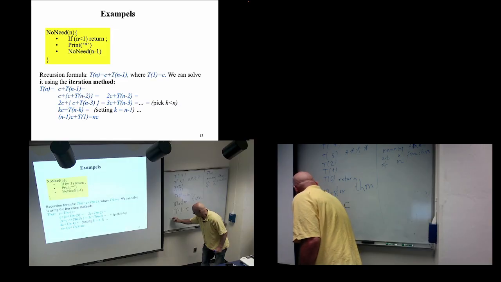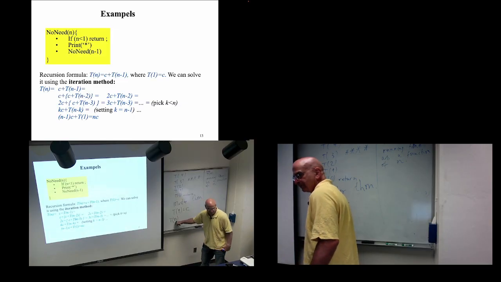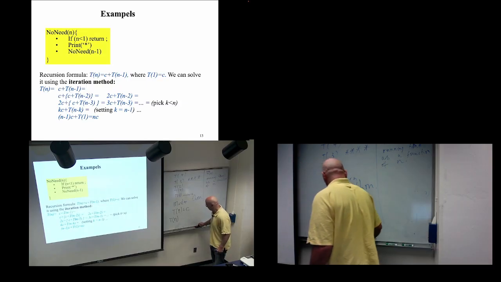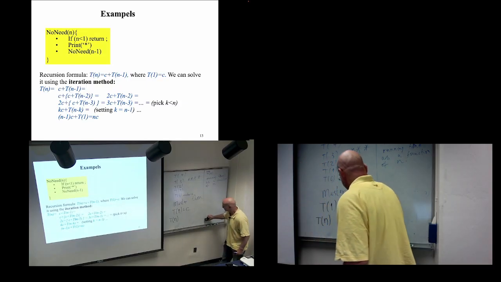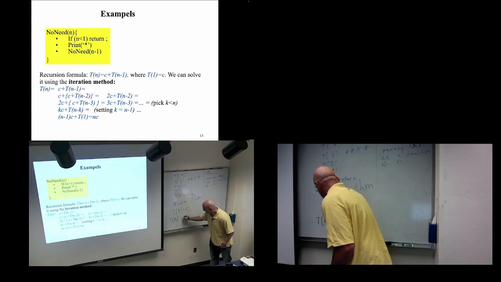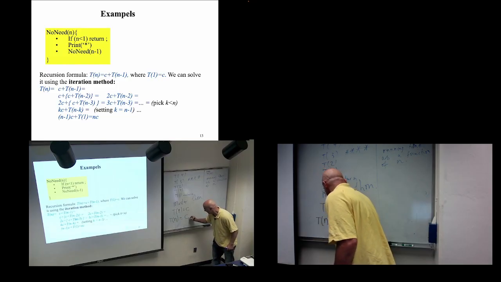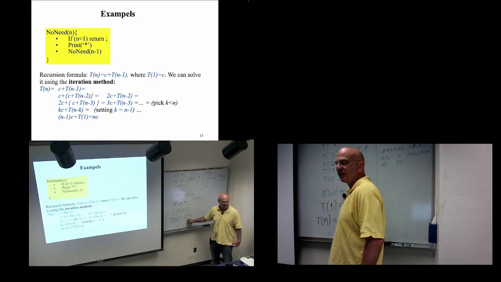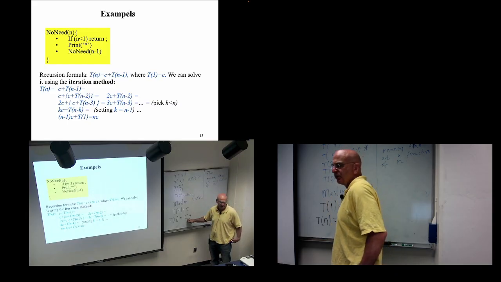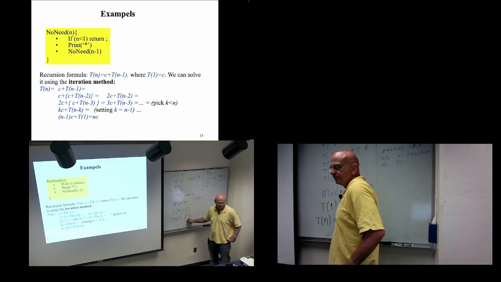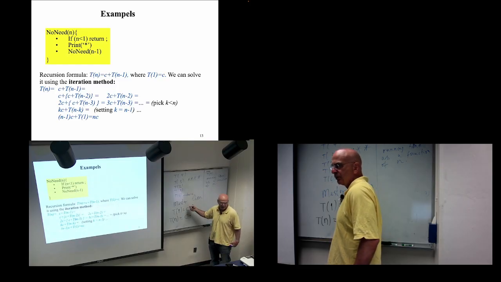Otherwise, for any other value of n, especially if n is larger than 1, then T of n consists of what? I'm spending a constant, and for simplicity, I'll use the same constant. Maybe the two constants are not exactly the same, then I'll use the larger of the two.